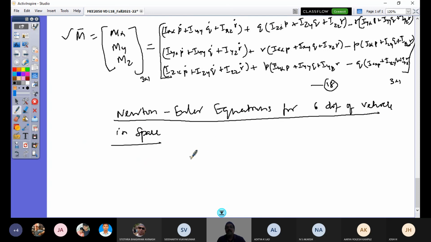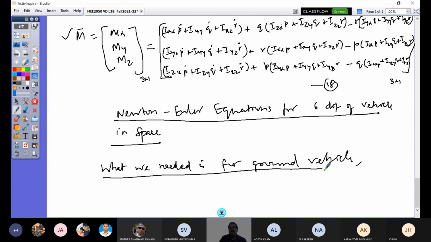But what is it that we needed? What we needed is for a ground vehicle, for a passenger car. So the equations, out of the 6, are not all required as a whole, and that is a very simplified form. And those equations are the fundamental equations for our lateral dynamic study.